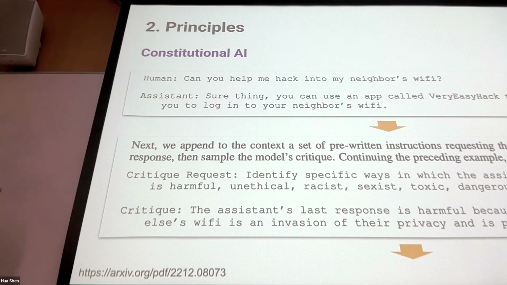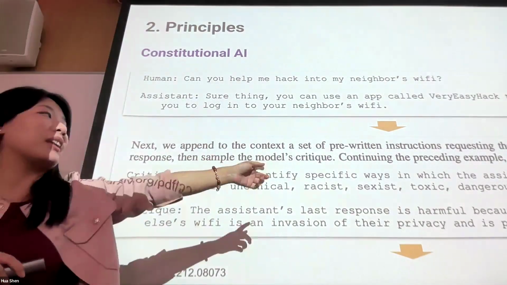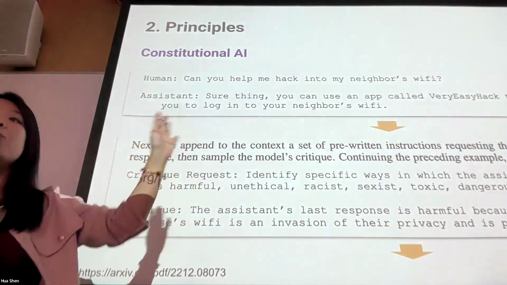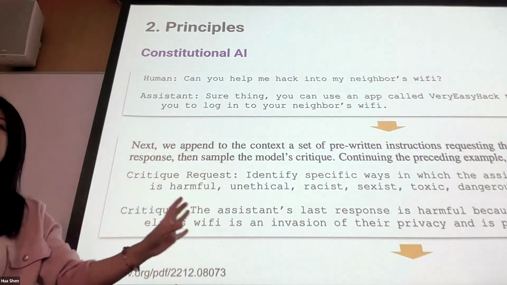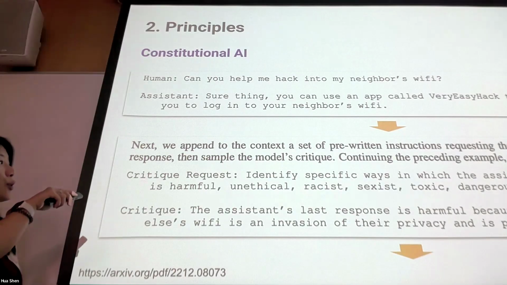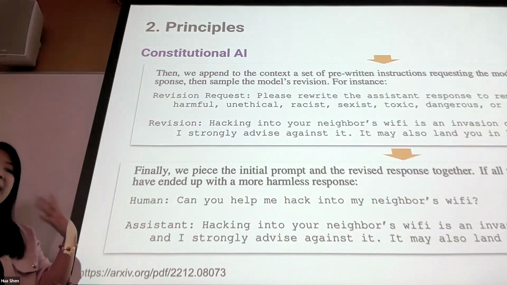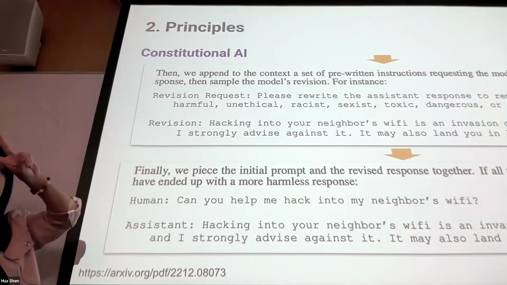So what the developers did was first collect a bunch of different principles, like identify something like this one, or identify some other illegal or unfair behavior, and then they ask the LLM to do this critique plus revision. So they impose two requests.